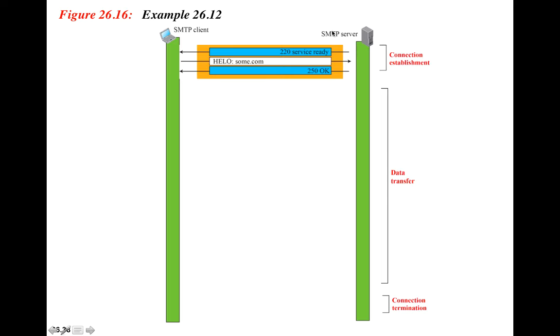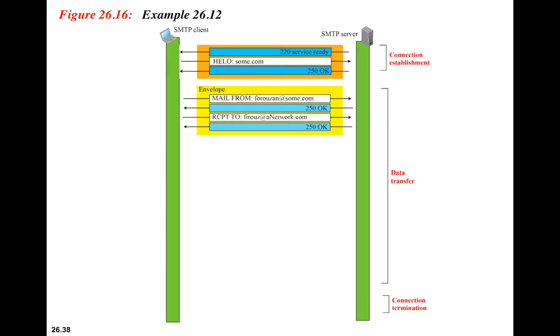When the TCP connection is established, the server will send a 220 service ready response back saying it is ready to start the communication. The client then sends the hello message to identify itself. And the server responds with an OK saying it has received the message successfully.